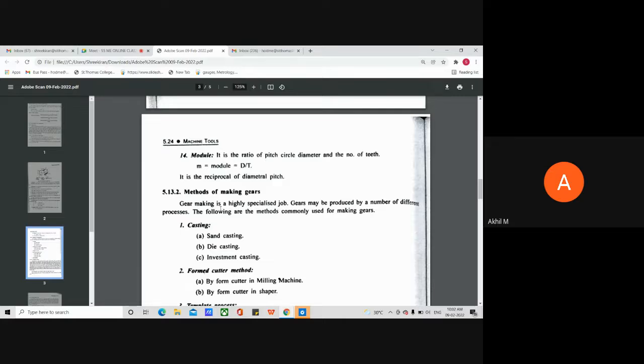We were discussing all these 14 things, so where does it come under? Addendum, pitch circle, module, fillet, tooth face, everything we have discussed now, right? So which topic does it come under, I'm asking? Gears. Correct. Gears, yeah, what is related to gears?